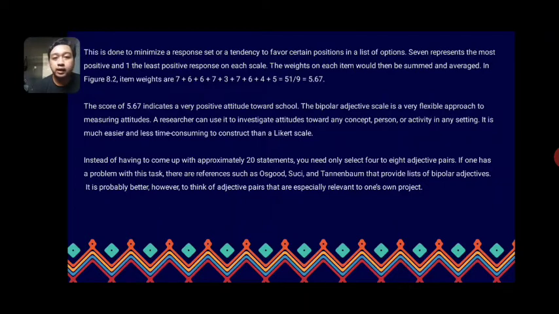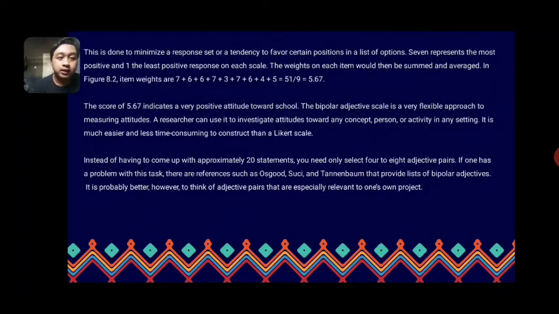In Figure 8.2, the item weights are 7 plus 6 plus 6 plus 7 plus 3 plus 7 plus 6 plus 4 plus 5 equals 51, divided by 9 equals 5.67. The score of 5.67 indicates a very positive attitude towards school.